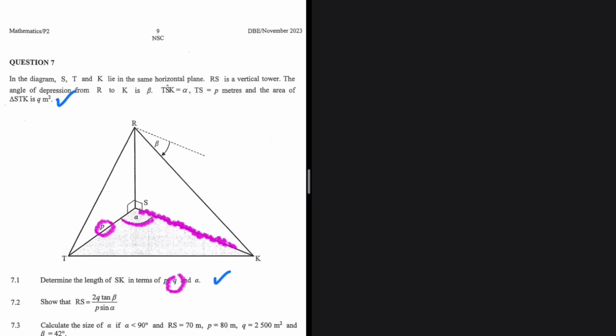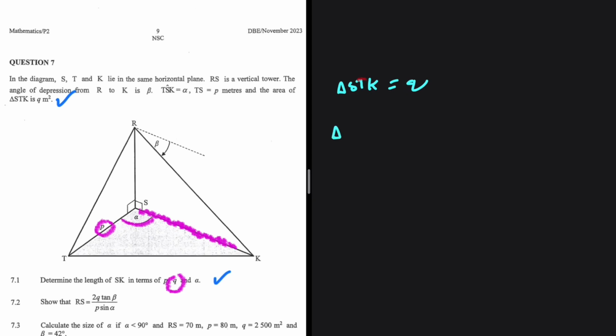Okay, so we have the area of triangle STK, which is equal to Q. Somehow we have to use the area, because how else can you get Q if you're not using the area? So let's see if we can use the area of triangle STK to find SK in terms of P, Q, and alpha.